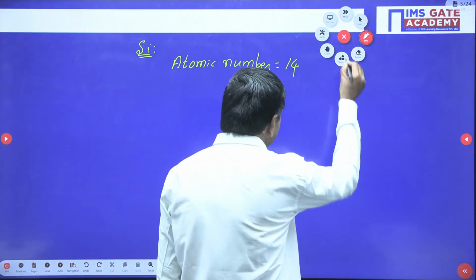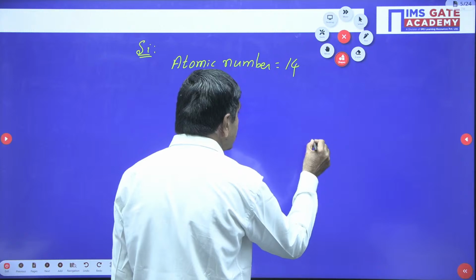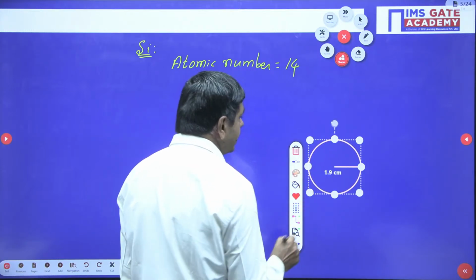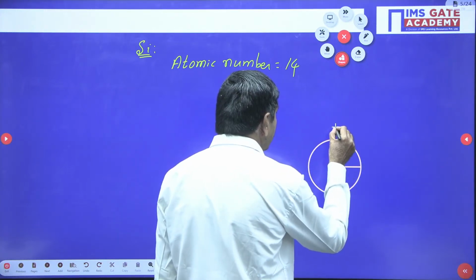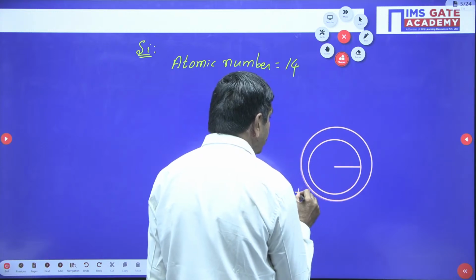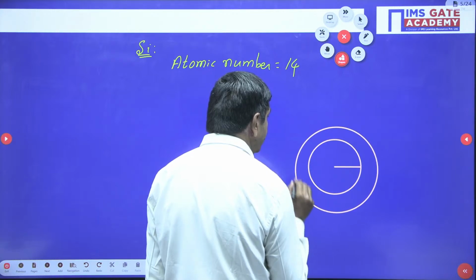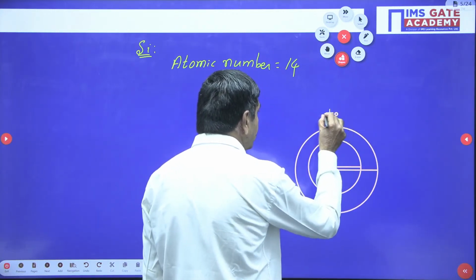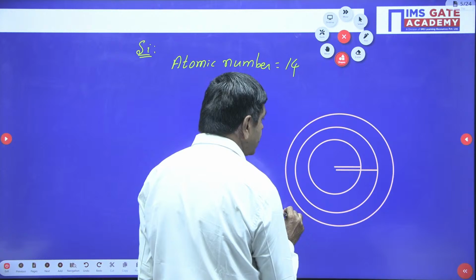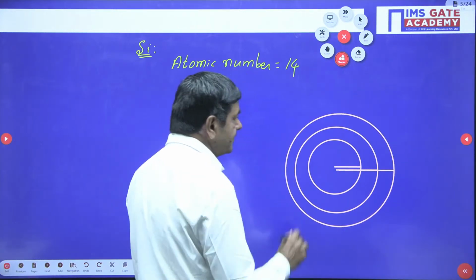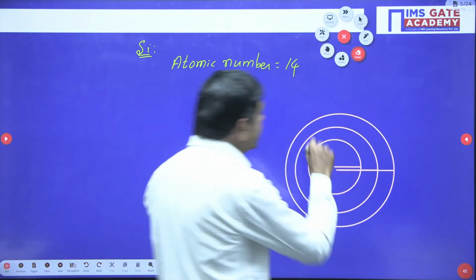Suppose I select here this orbit, and a second orbit, and one more third orbit, for example. I have taken three orbits for example.